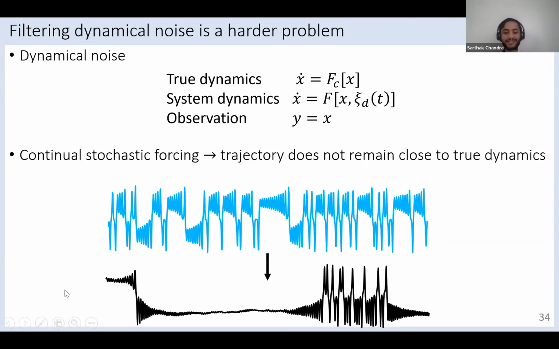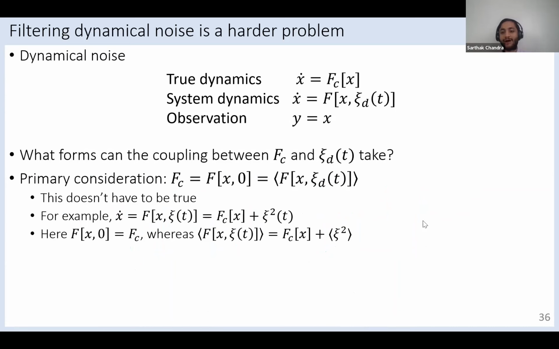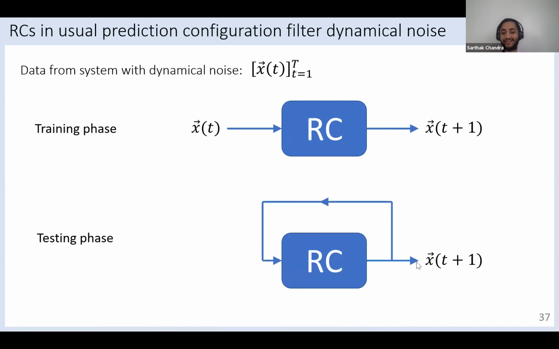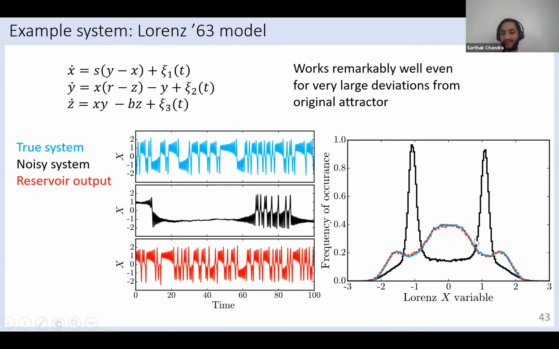Even when I insert time series that spend really long amounts of time near these unstable periodic orbits, that doesn't bother the reservoir, which can still extract the clean system. If I go to these distributions, you can see how much time it's spending near these unstable fixed points, a pretty large fraction of the time. But the reservoir seems to be very reliably able to extract the clean underlying system.